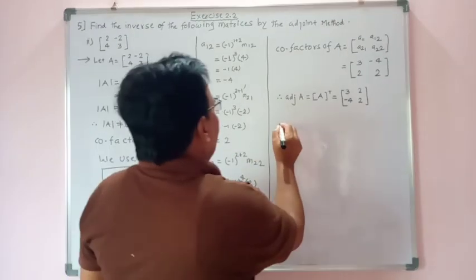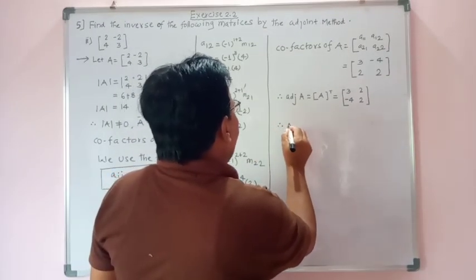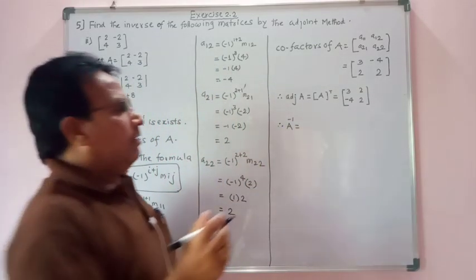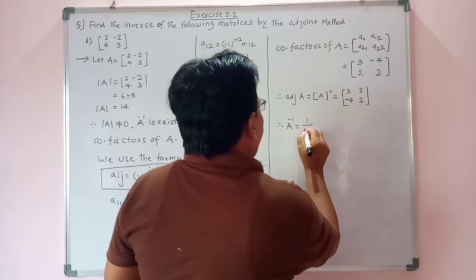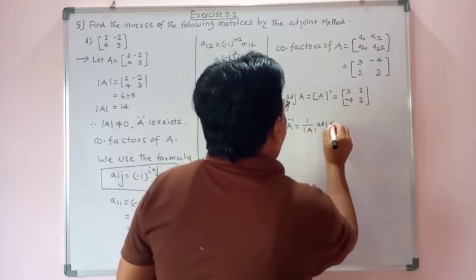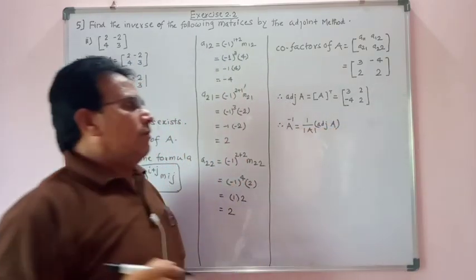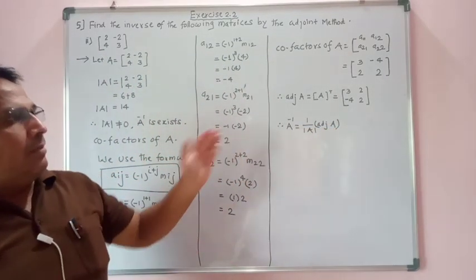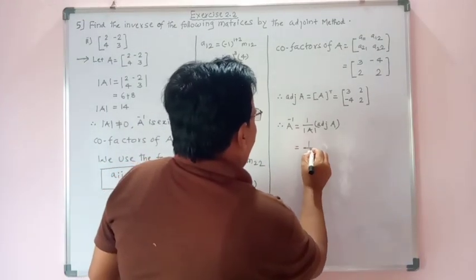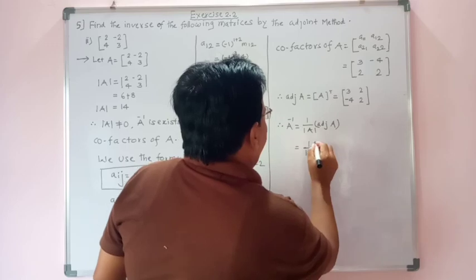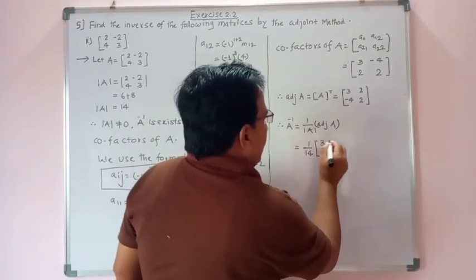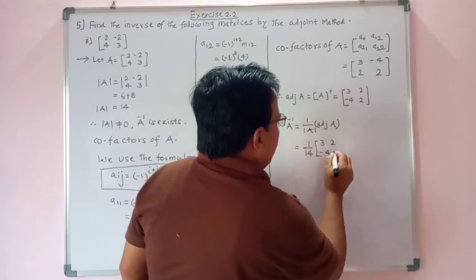Therefore, find the inverse of A. We use the formula A inverse equals 1 by determinant A into adjoint A. The value of determinant A is 14, and the value of adjoint A is [3, 2; -4, 2].